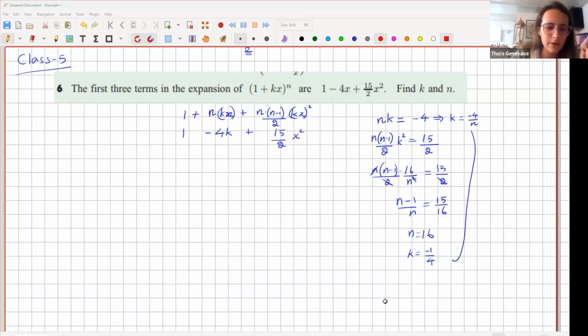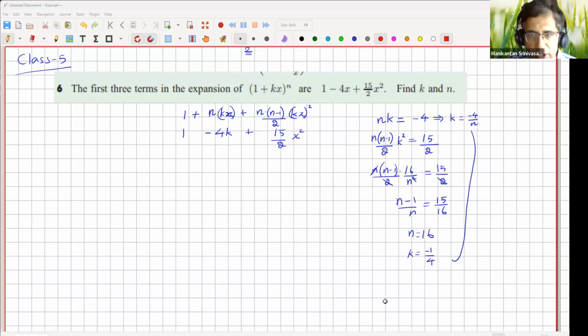Sorry, it was question 10 on page 264. Find the possible values of q. Okay, let's do this.